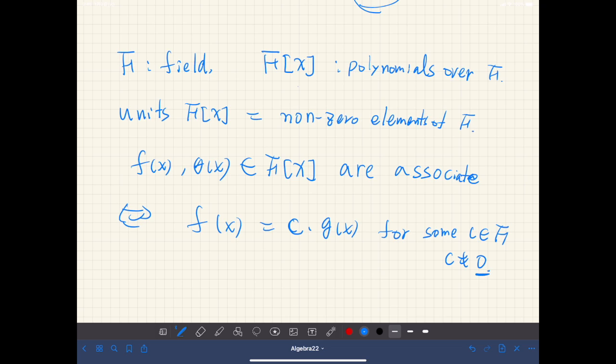Here 0 is again the zero element of the field F. So it may not be a number, but it's the additive identity element of the field F. Okay, so f of x and g of x are associates if there exists some non-zero element of F such that they are expressed in this way.